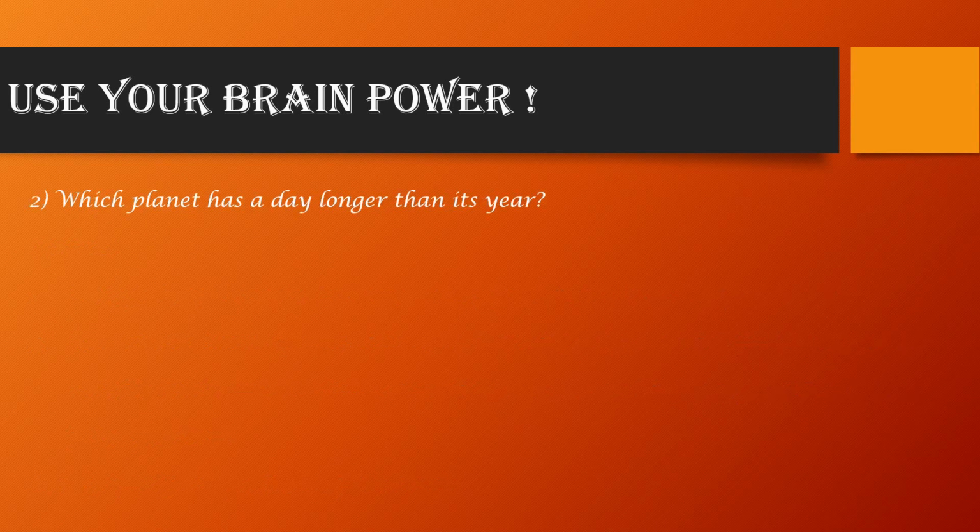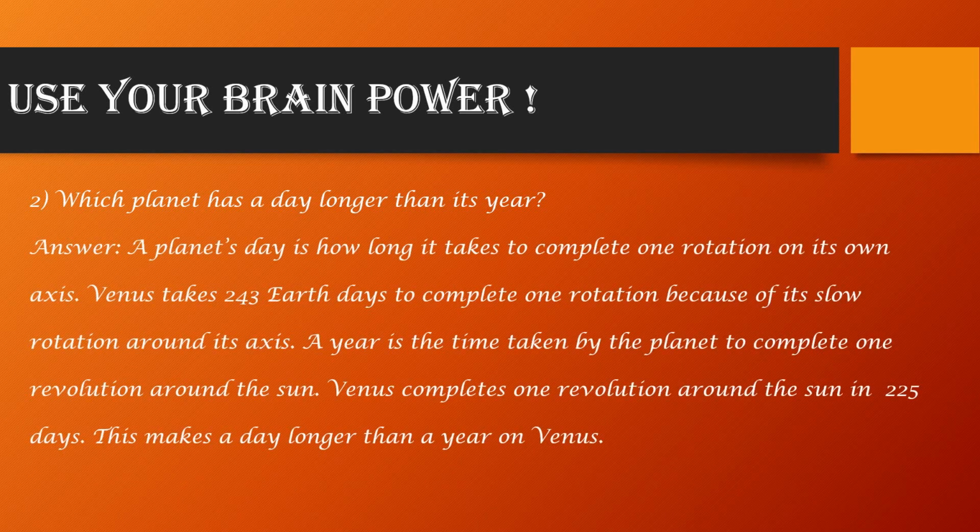Now answer this question: which planet has a day longer than its year? Yes, a planet's day is how long it takes to complete one rotation on its own axis. Venus takes 243 Earth days to complete one rotation because of its slow rotation around its axis.